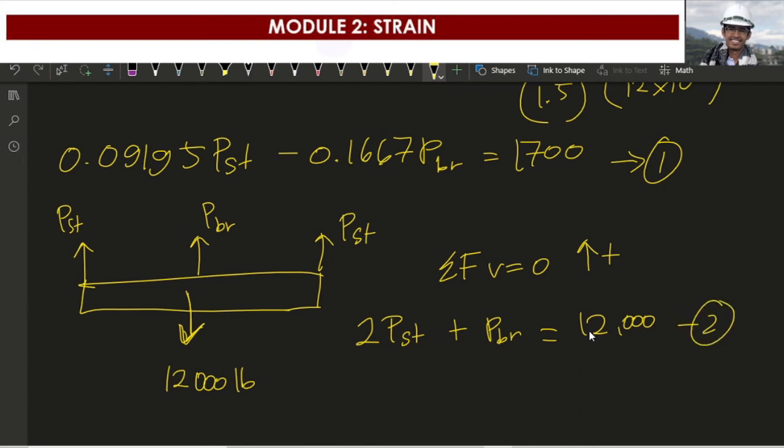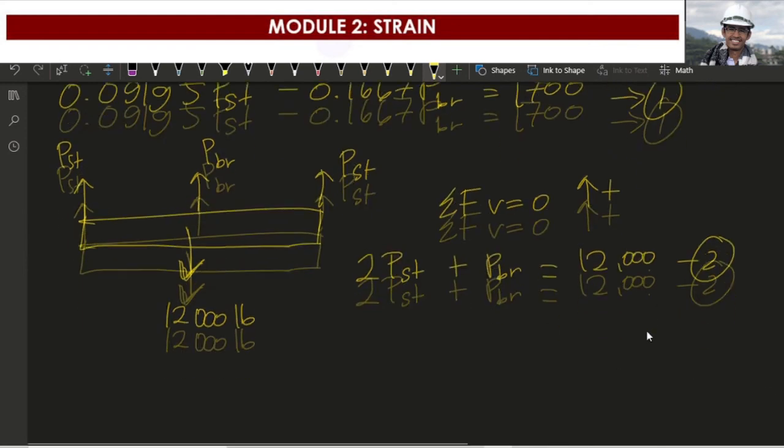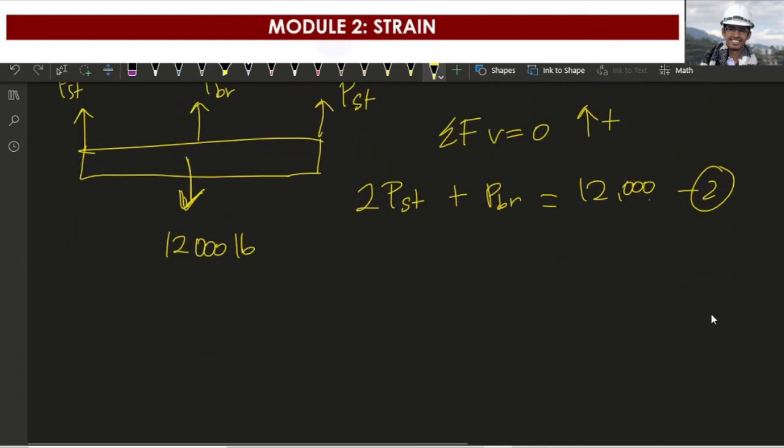So we can substitute yung ating force ng steel into the equation 2. So we can substitute any, yung equation 1 to equation 2 or equation 2 to equation 1. So we can solve simultaneously yung ating two equations. So we can calculate the force sa steel.